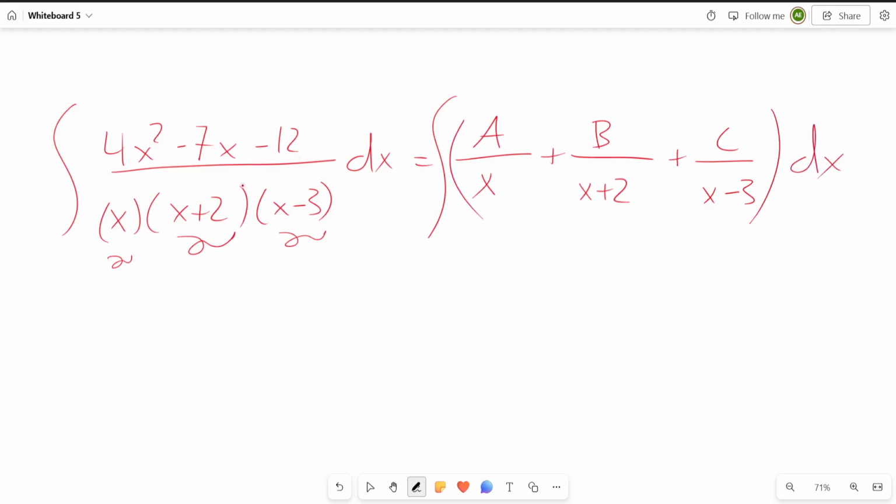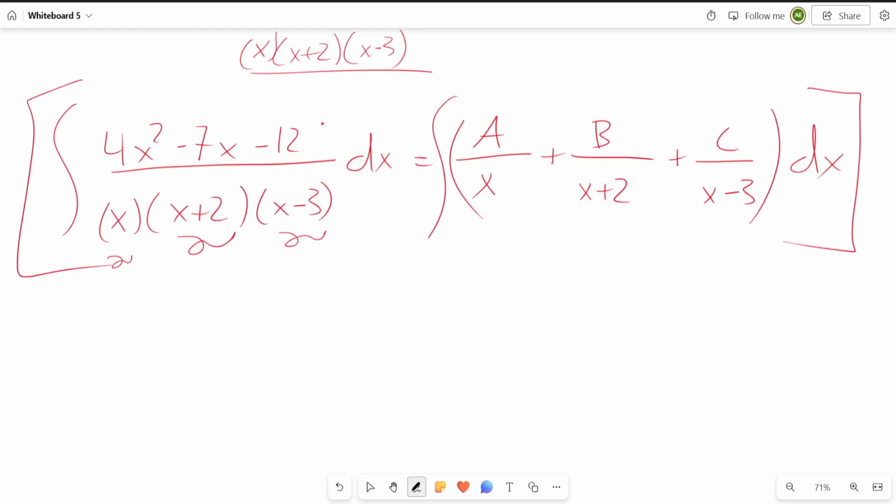So what I can do is multiply both sides by x times x plus 2 times x minus 3. Okay, we're multiplying both sides by this expression over here. So this whole expression will cancel with this whole expression. That's the whole point. So you will have on the left side only 4x squared minus 7x minus 12.